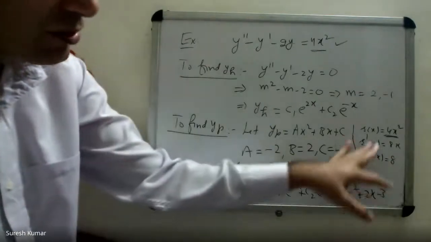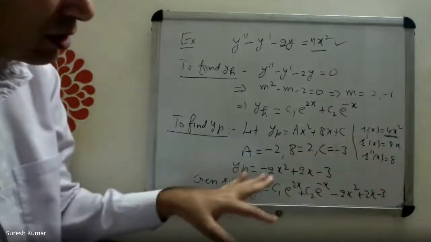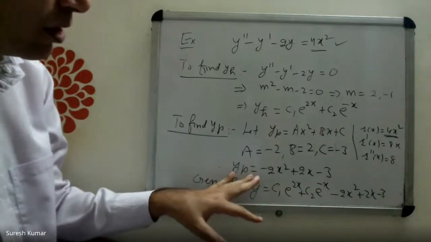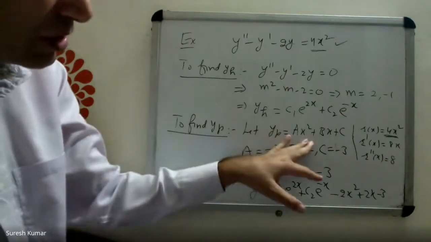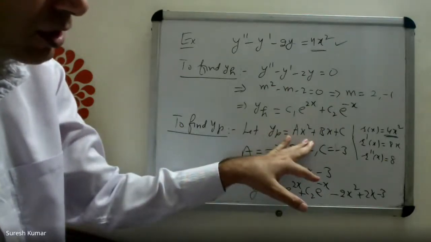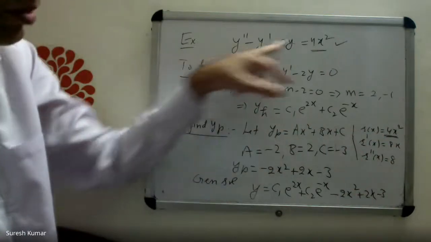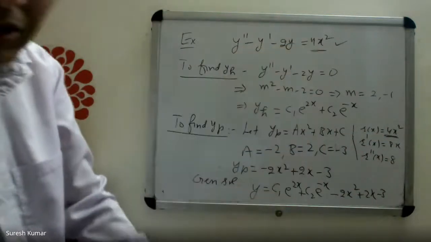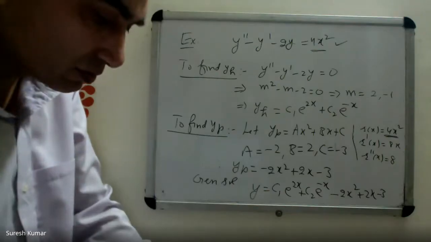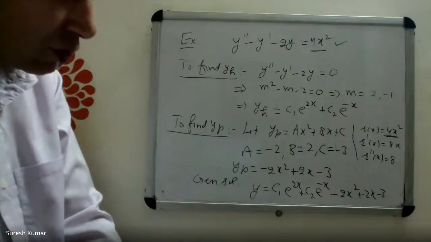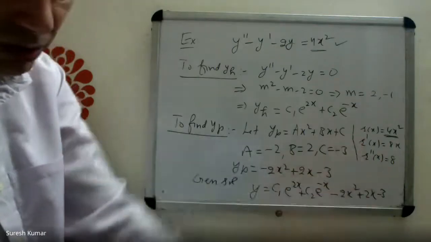The reason is that when you construct this yp, if you don't consider x square, there would be a problem here. You cannot equate the coefficients. So this is the procedure of this method.